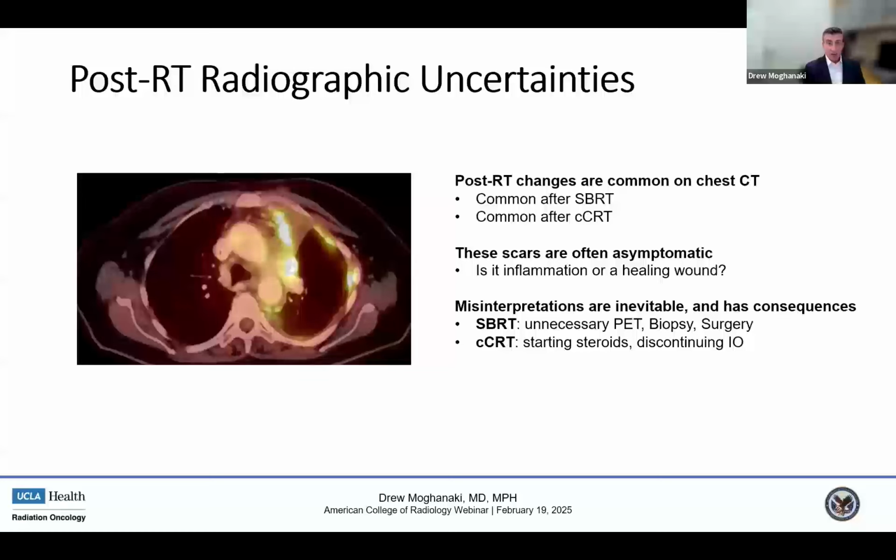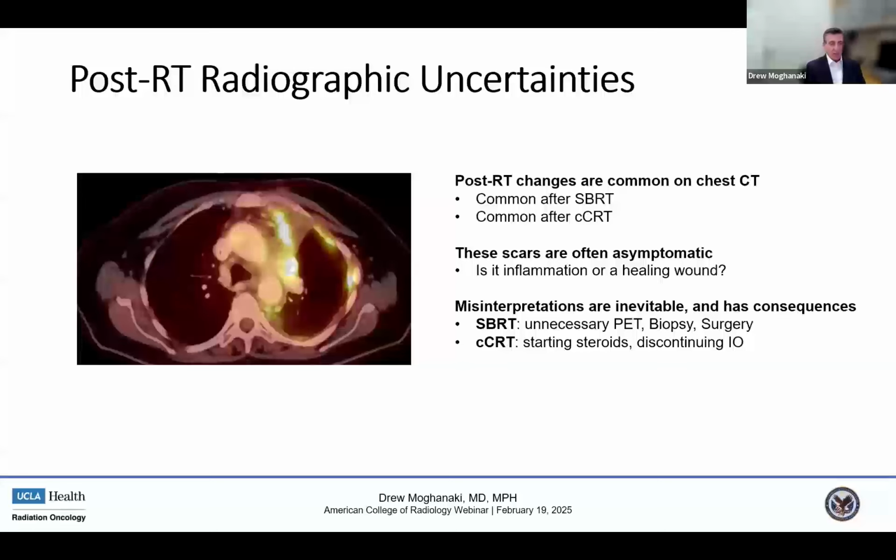These scars are fortunately often asymptomatic, and it's curious what they actually are. Is it inflammation, such as an itis, or is it just a healing wound, which I guess could be an itis as the immune system is scarring down the area that's slowly denuding and atrophying from ionizing X-rays?